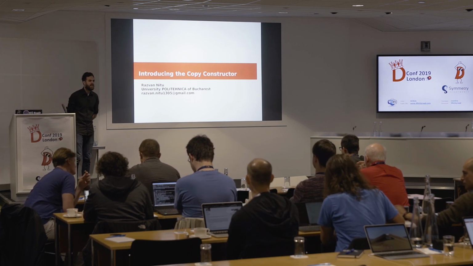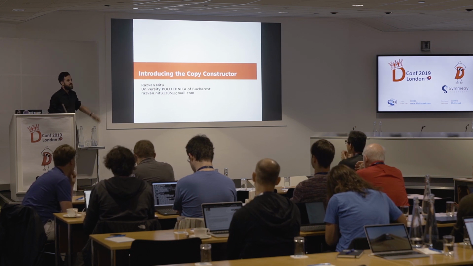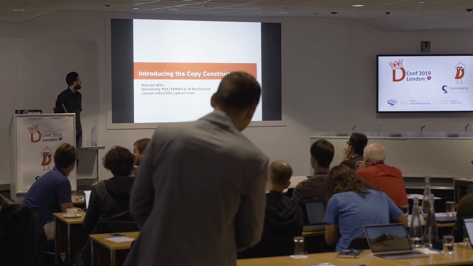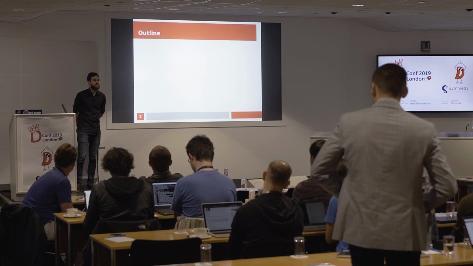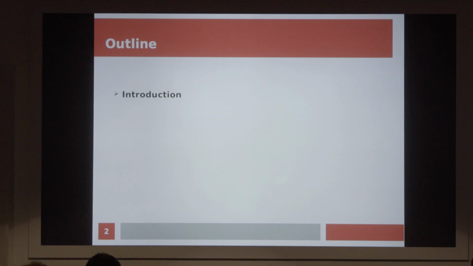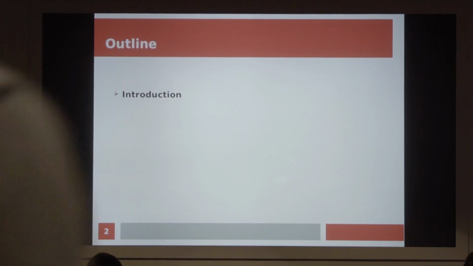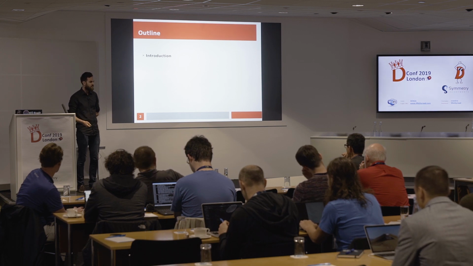Hello everyone. I'm very happy to be here again at DConf. This year I'm going to talk about the copy constructor, and my talk will progress as follows. First, I'll have the introduction where I'll talk a bit about what copy construction is. Now, I know that most of the people here know this, but if there are any folks that don't have a strong C++ or D background, I just want to make sure we're all on the same page.